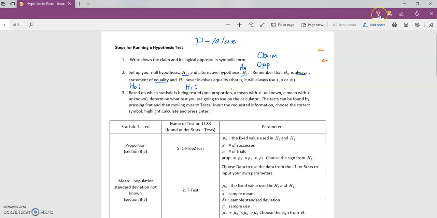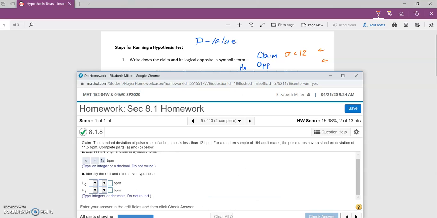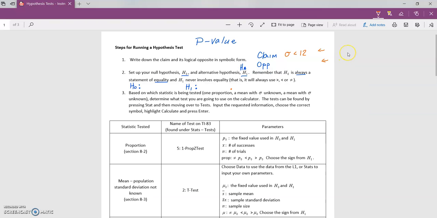Okay, so the claim is that the standard deviation is less than 12. The opposite of less than would be greater than or equal to, the total opposite, greater than or equal to 12.